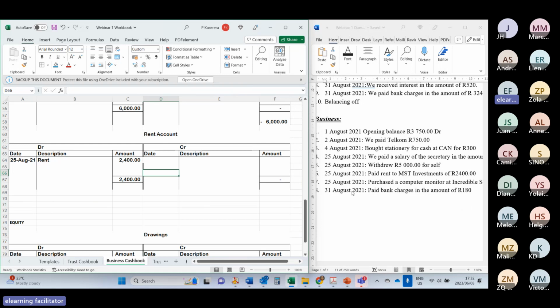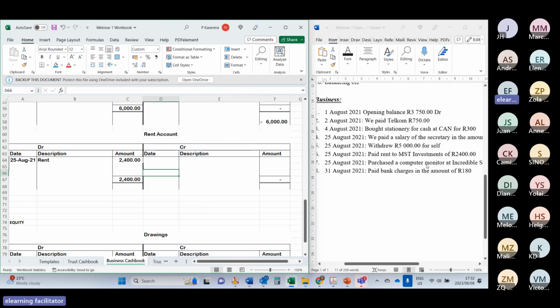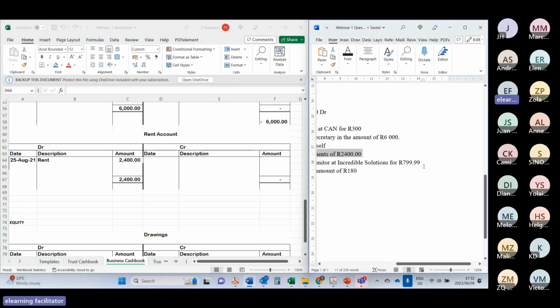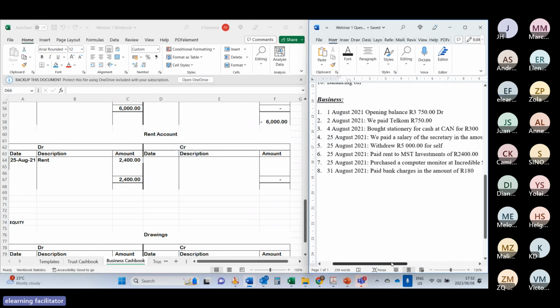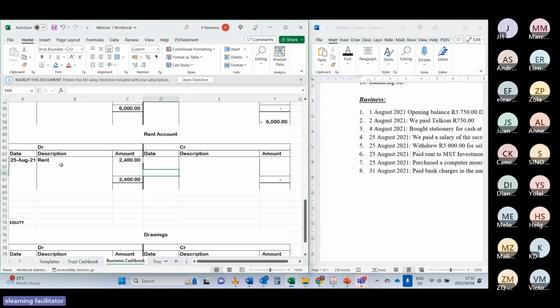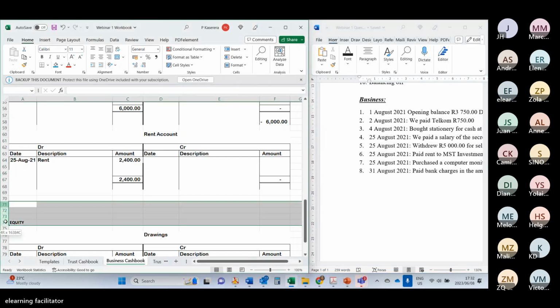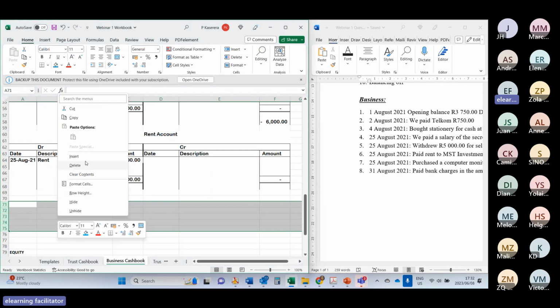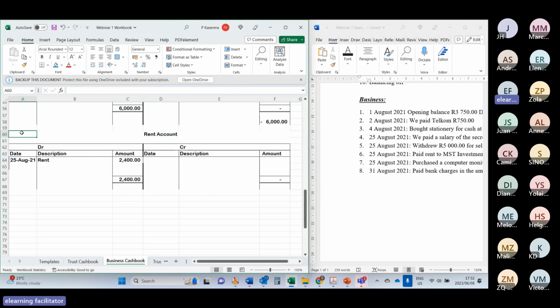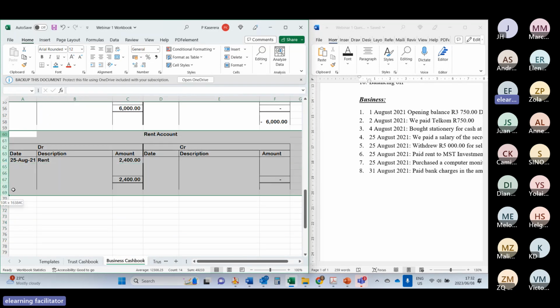Okay, and then also on the 25th, we purchased a computer monitor from Incredible for 799.99. So a computer monitor, I would assume it's an asset. It's an asset of the company. So assets are usually recorded in an asset register. So a firm needs to have an asset register.